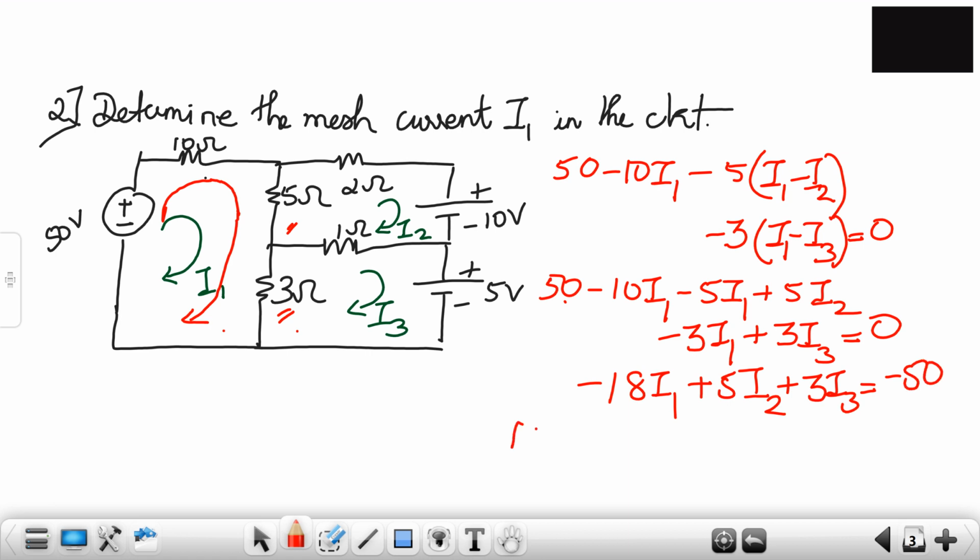Changing the signs, you will get it as 18I1 minus 5I2 minus 3I3 is equal to 50. This is your first equation.